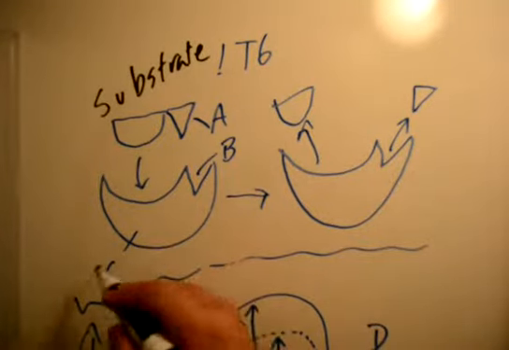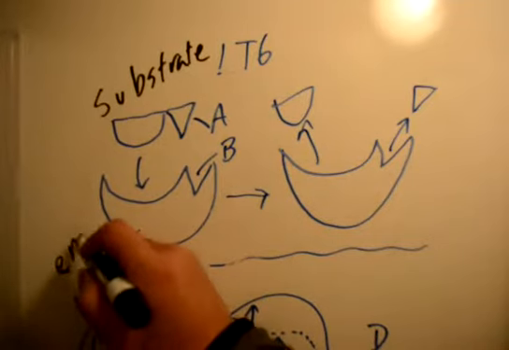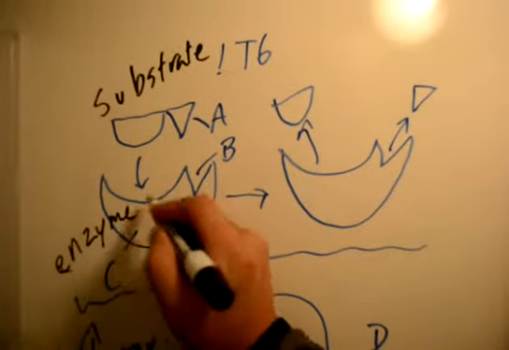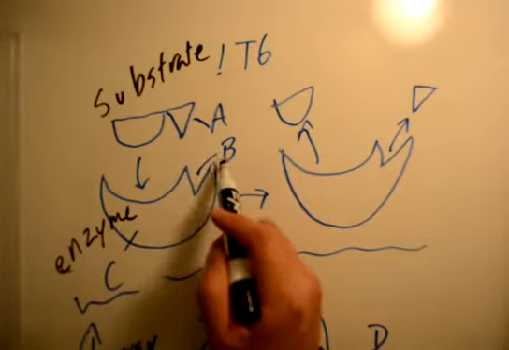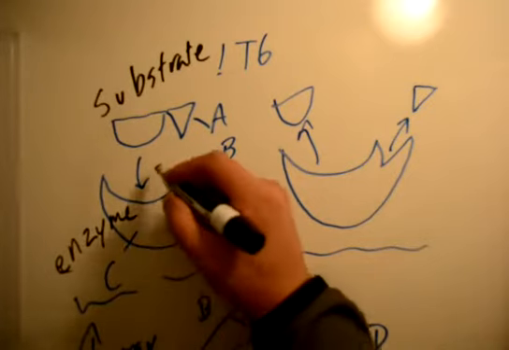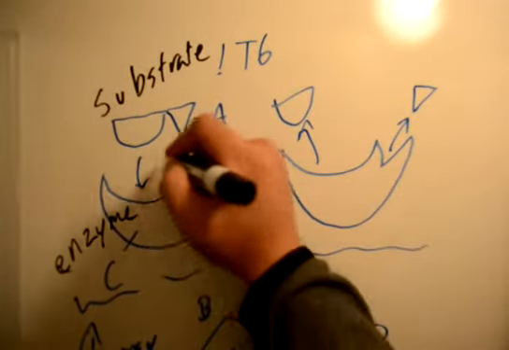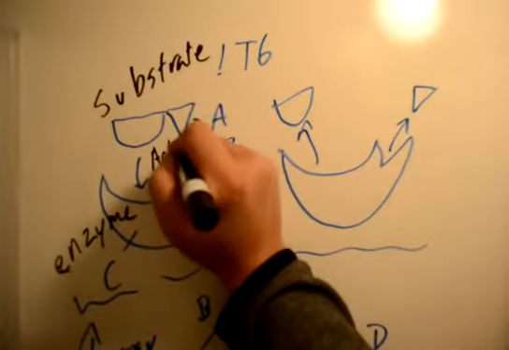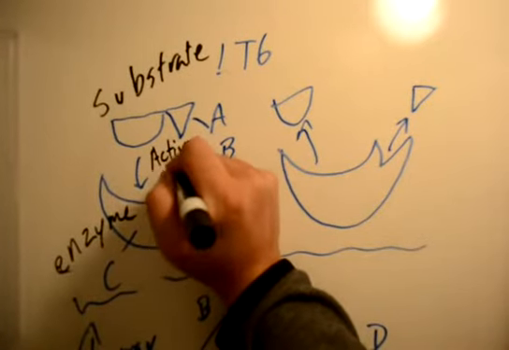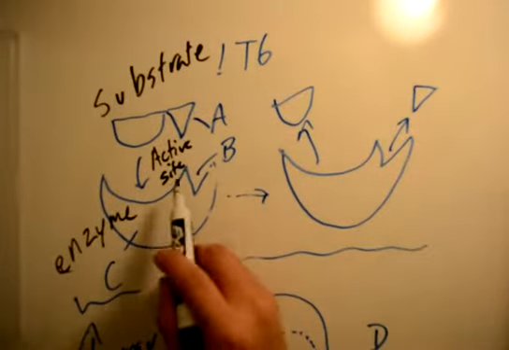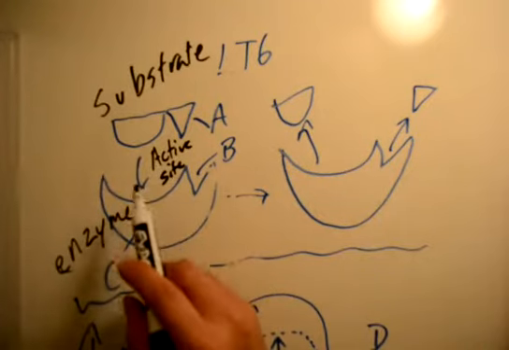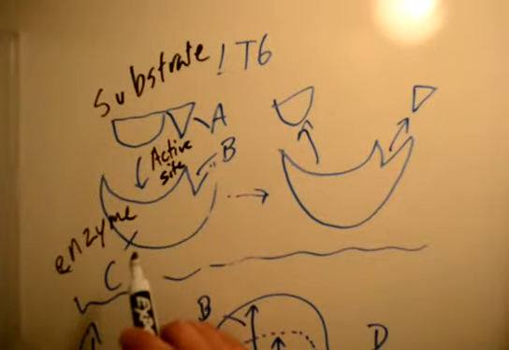So letter C is going to be the enzyme, and then letter B is going to be your active site. So this is the area where the substrate will actually attach to the enzyme.